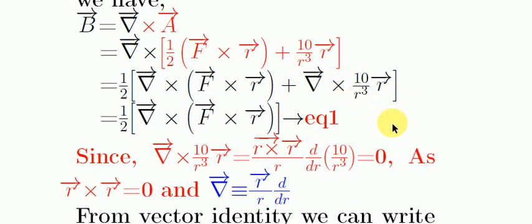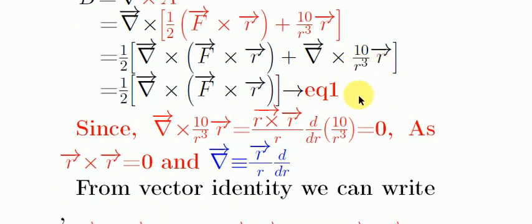And the next step is a very important step and we have to look at it minutely. We write here half times only the term del cross f cross r, because the term del cross 10 by r cubed r is equal to 0. How is it 0? Let us see.